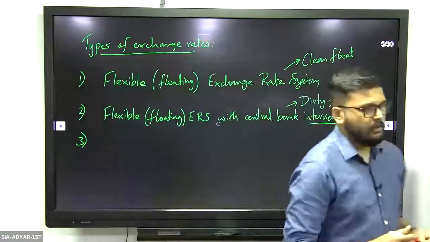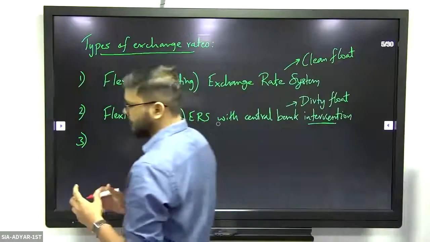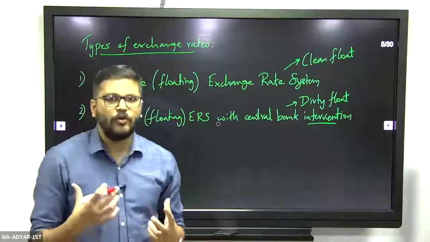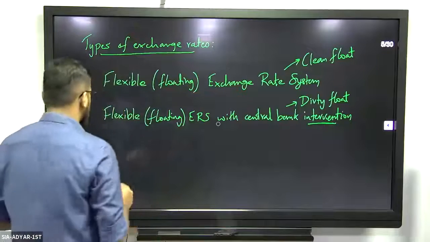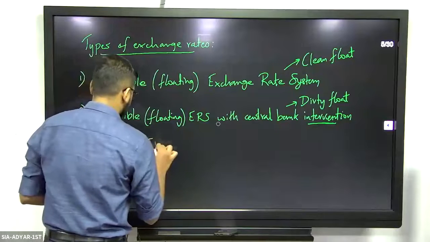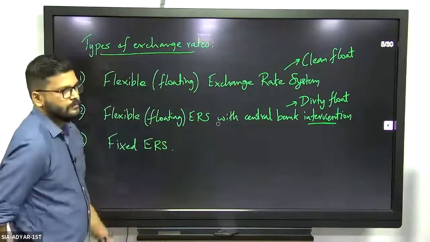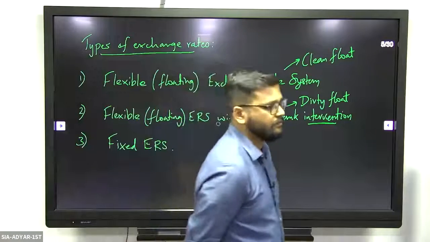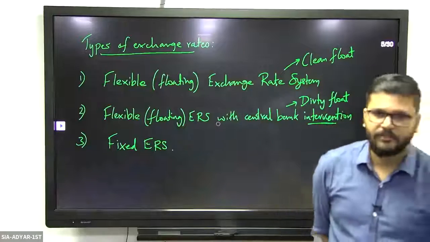Okay. So number 3. Number 3 is where you will get to the zone of your devaluation and revaluation, which is called the fixed exchange rate system.